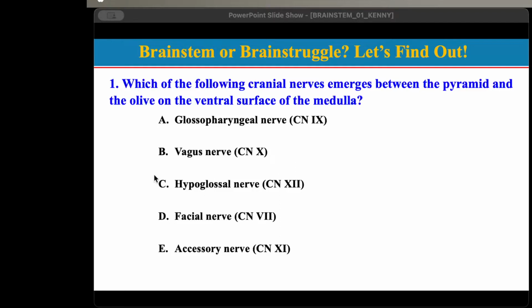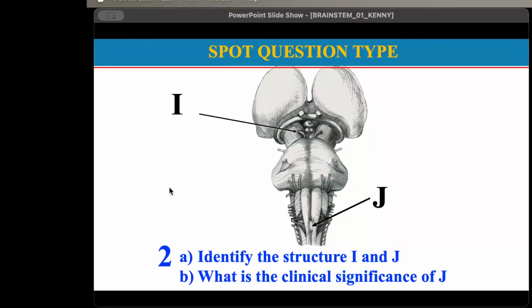So make sure you write your answers in the comment. And another question is a form of a spot-type question that is going to come at some point in your practical exam. The question says, identify the structures I and J. And the second question is, what is the clinical significance of structure J?